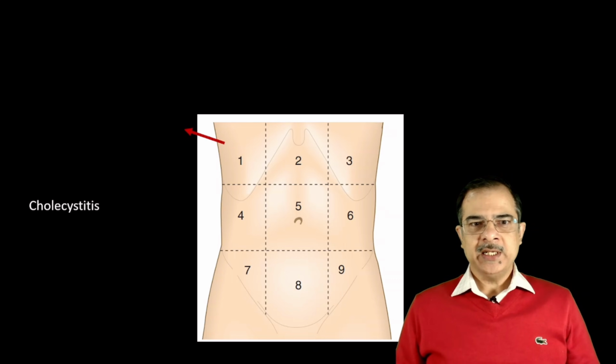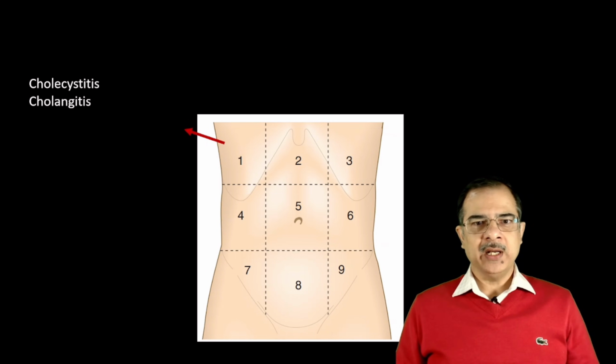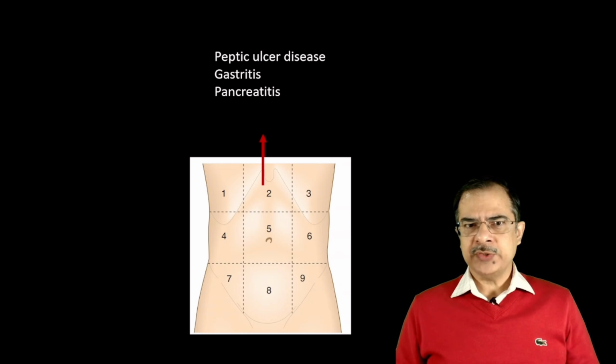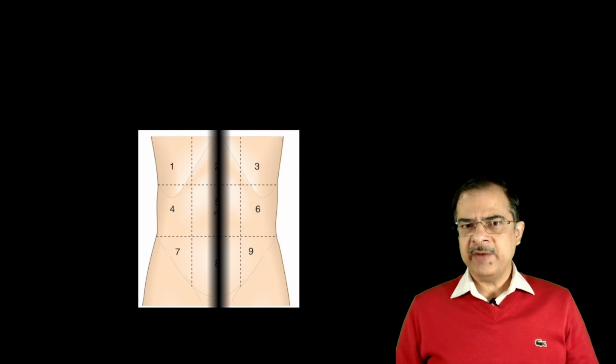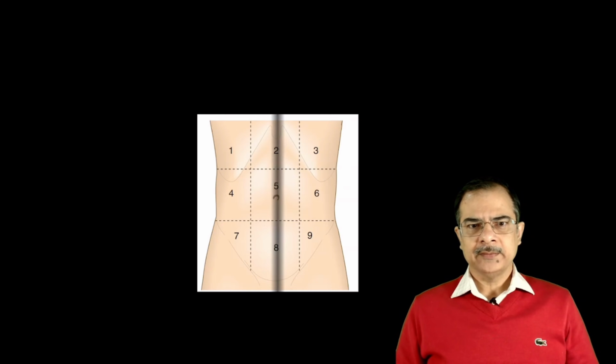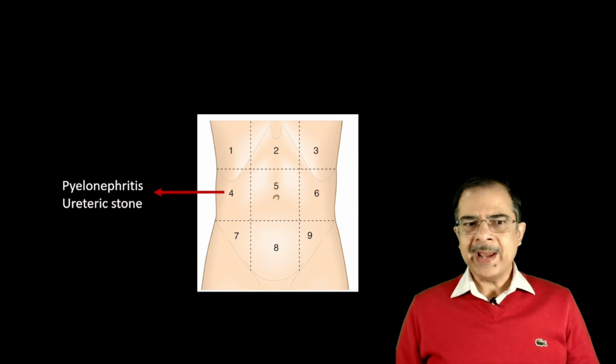So these are the sites of the pain, like acute cholecystitis, cholangitis, hepatitis. Then epigastric pain: peptic ulcer, gastritis, pancreatitis, this we have discussed earlier. And splenic infarct, gastritis, gastric ulcer, pyelonephritis, ureteric stones, colitis, these are all acute pains.